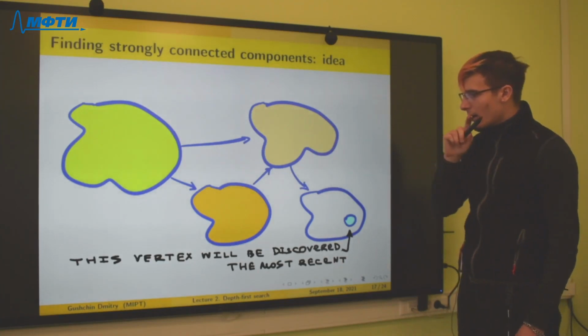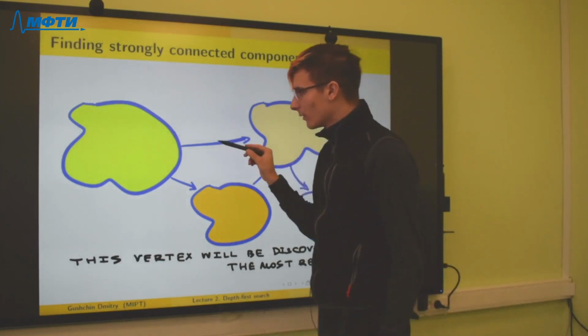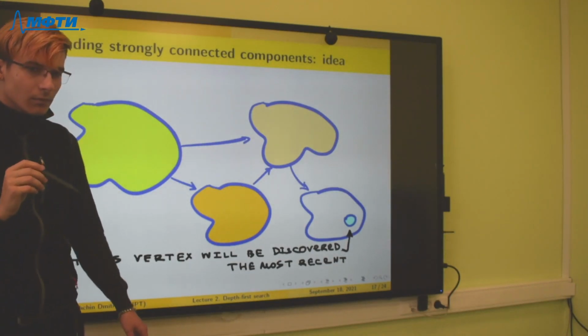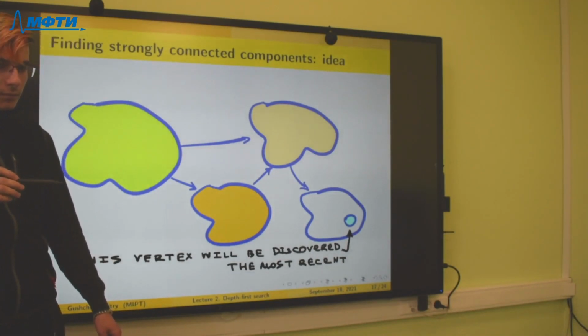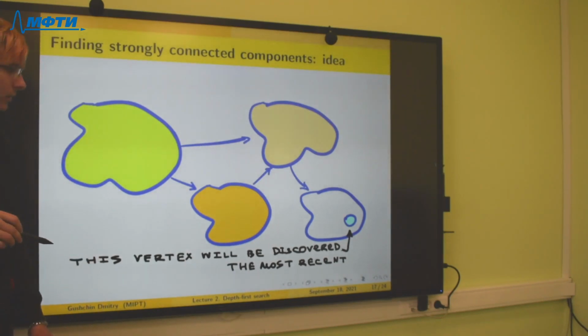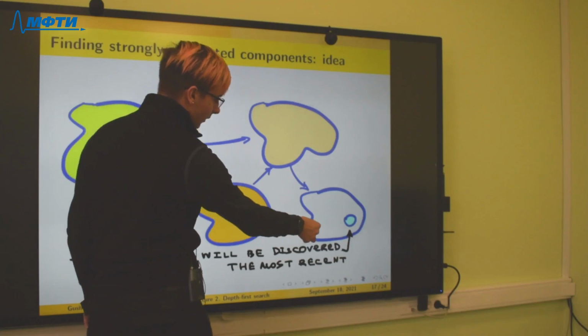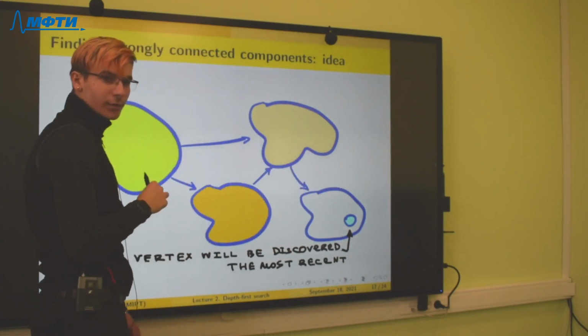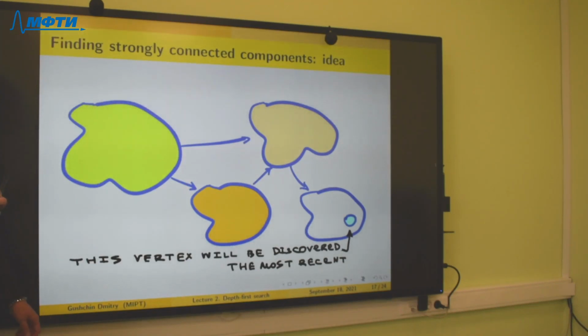So, for example, if there was such an edge, it would be one strongly connected component. Of course, if we have an edge from this component to this one, we have one strong component, but not three.